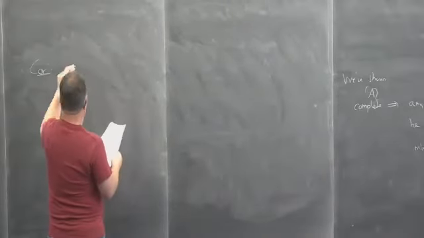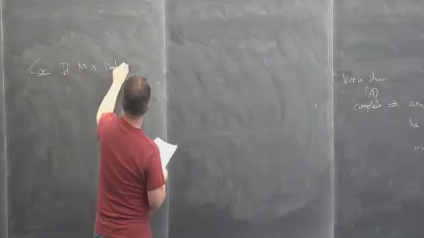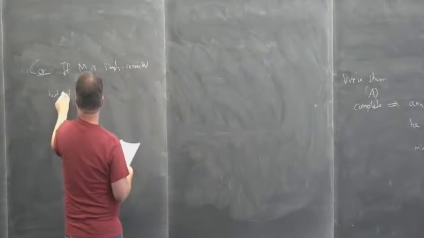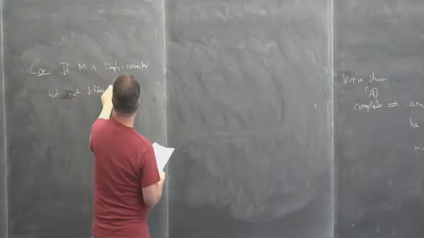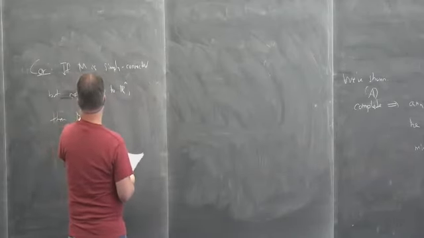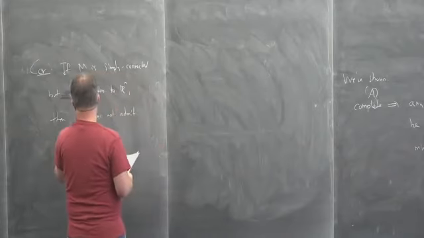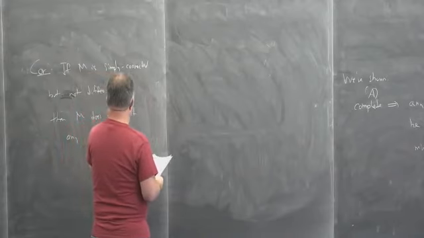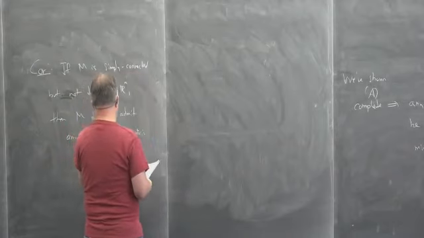Corollary: if M is simply connected but not diffeomorphic to R^n, then M does not admit any complete Riemannian metric of non-positive sectional curvature.